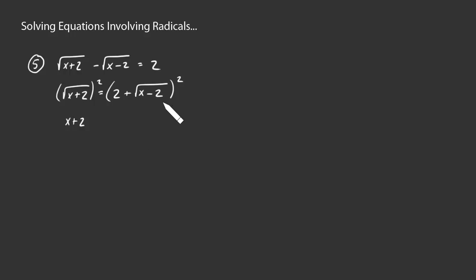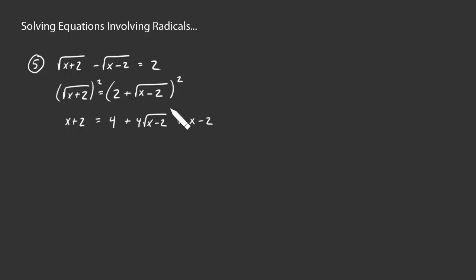However, on the right, we have a binomial squared, which is going to be the first guy squared plus twice the product, so 2 times that and then times 2 again is 4 times that, plus the last guy squared. Of course, that removes the radical here. Here, though, we still have the square root symbol.